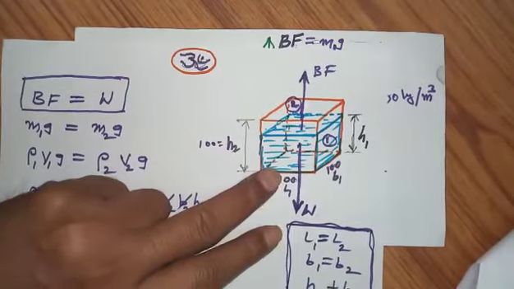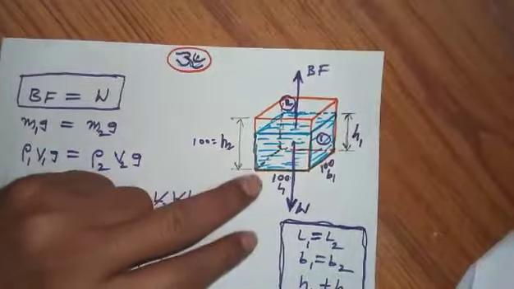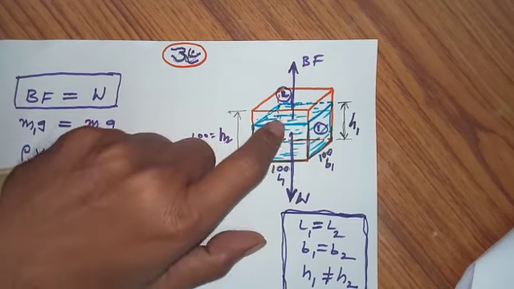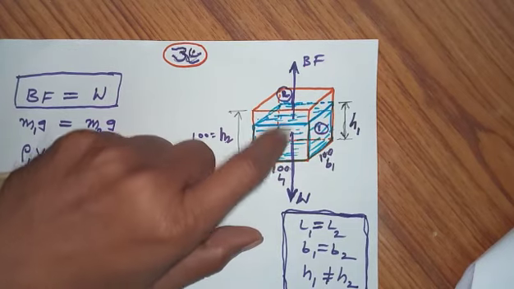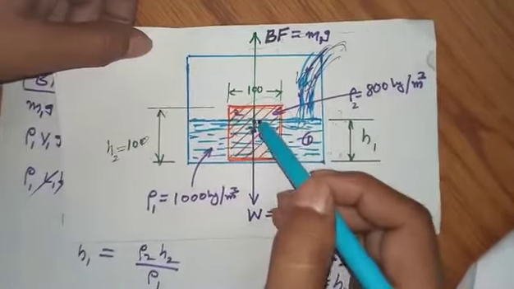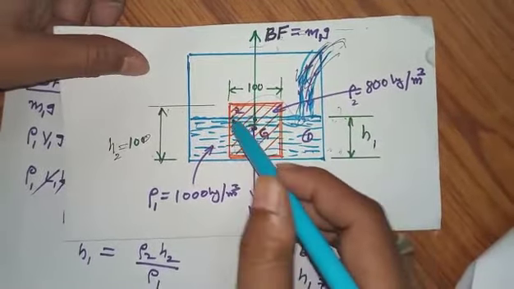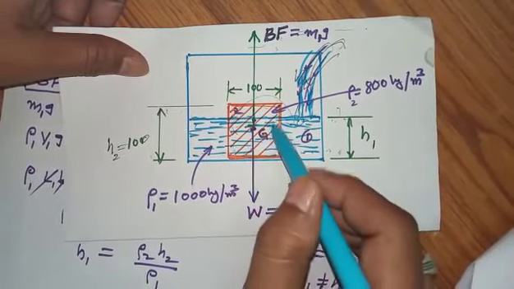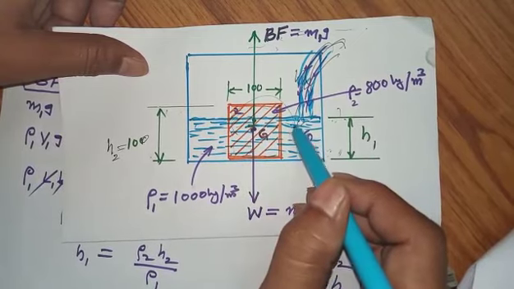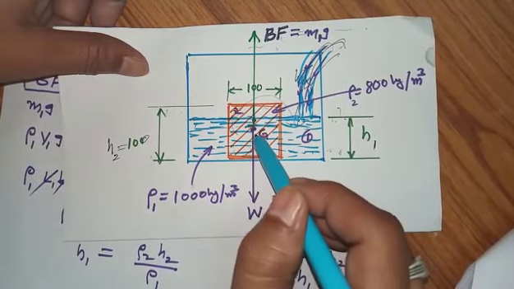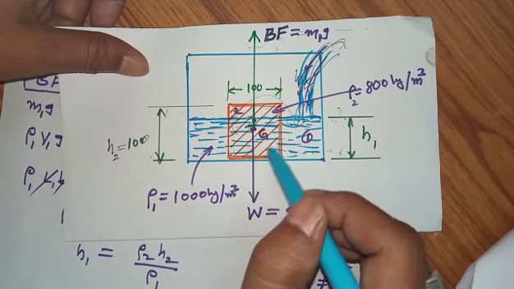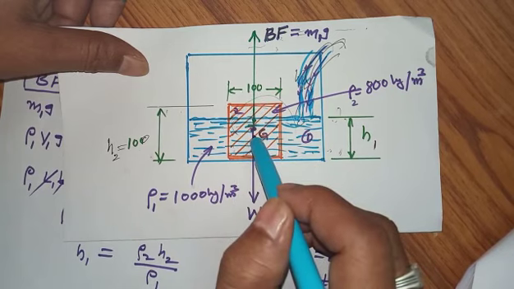So this is the submerged body. This is the amount of liquid which has been replaced by the solid body. When you place the solid body, it will occupy a certain space in the liquid. This space is not allowing the liquid to occupy it, so that liquid will create an upward force on the body.